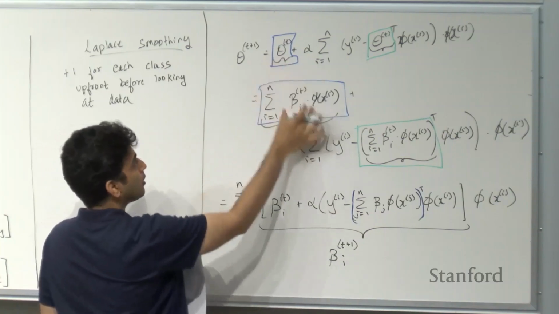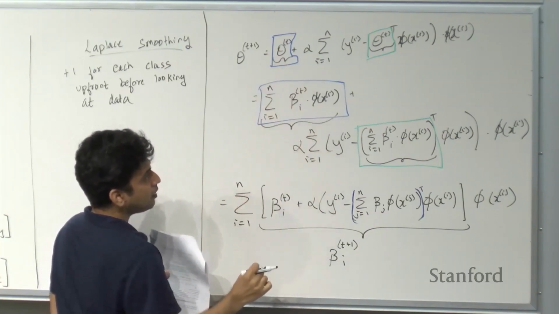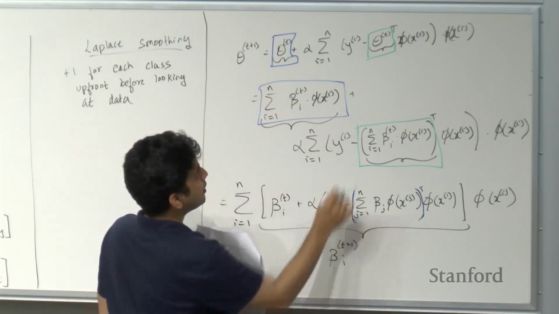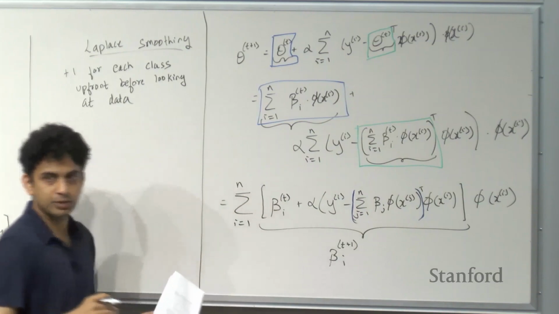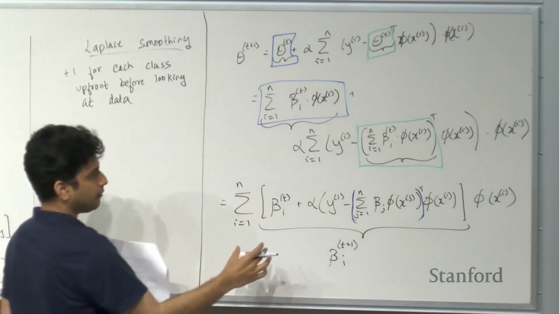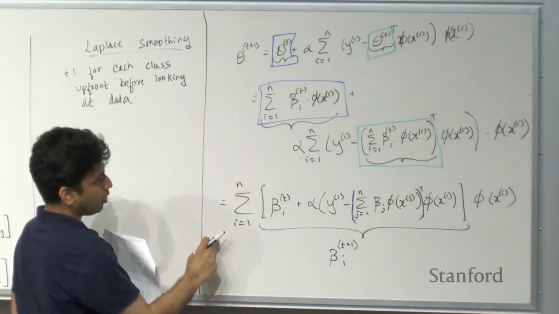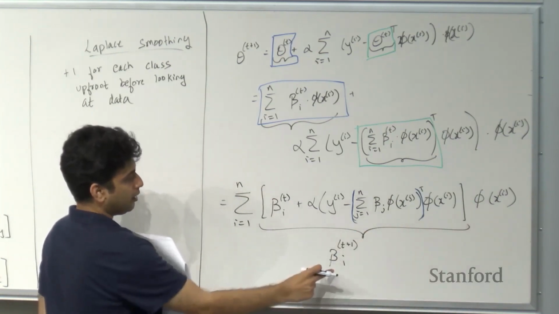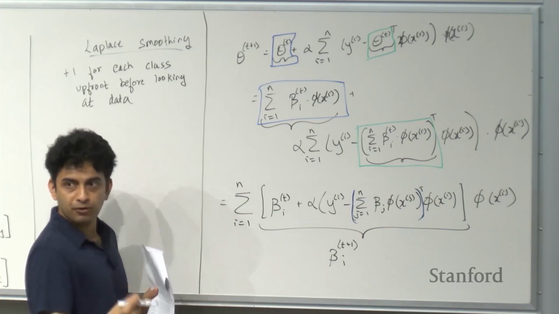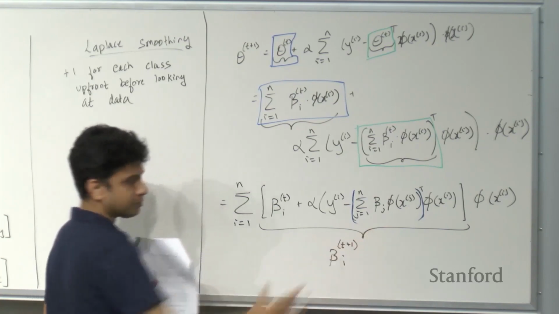So we plugged in that expansion here, and similarly plugged in that expansion here, and basically just reorganized the sums, right? And we get that theta t plus 1 can also be written as a linear combination of our feature vectors, where the new coefficients for the linear combination are these terms.